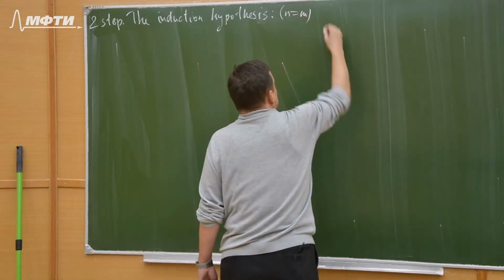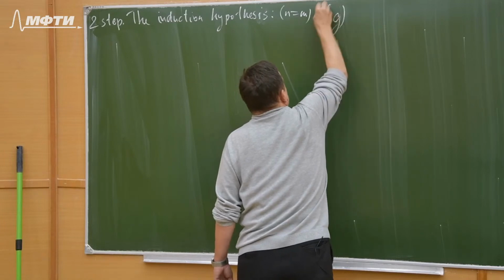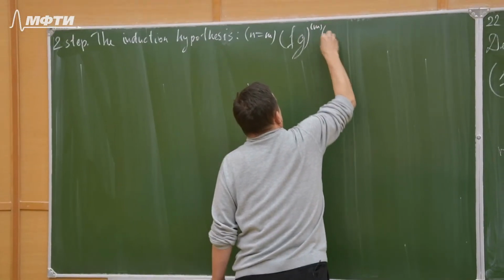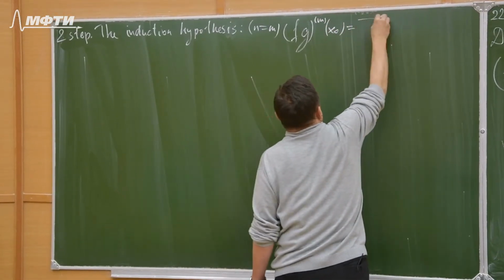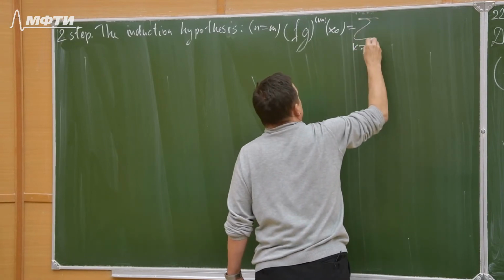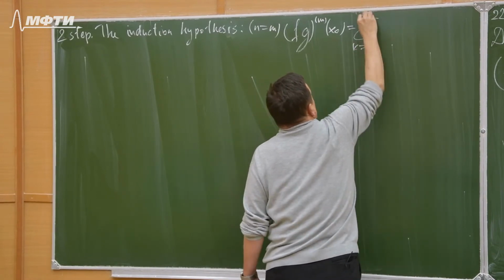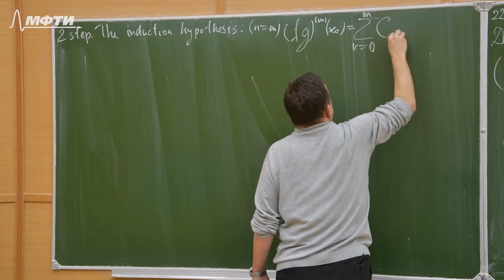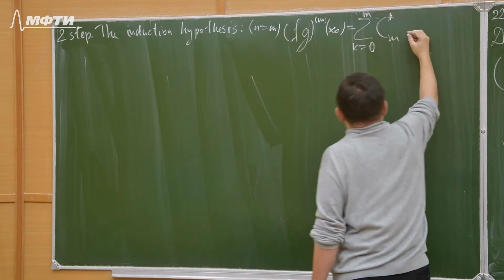It means that we suppose the mth derivative at an arbitrary point can be found using the Leibniz formula.